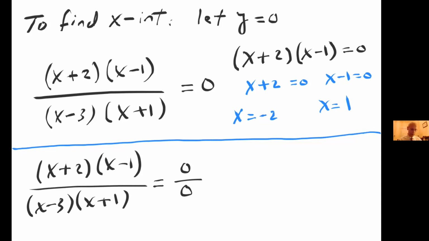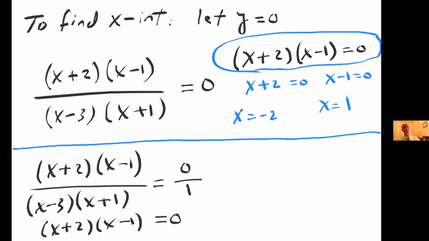So you can think of this as 0 over 1, or any number other than 0. Now if you multiply both sides of this equation by the LCD, you get (x plus 2)(x minus 1) equals 0, and that's what we had up here. So just a little bit of extra explanation.